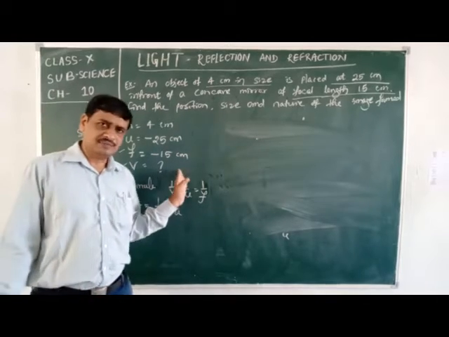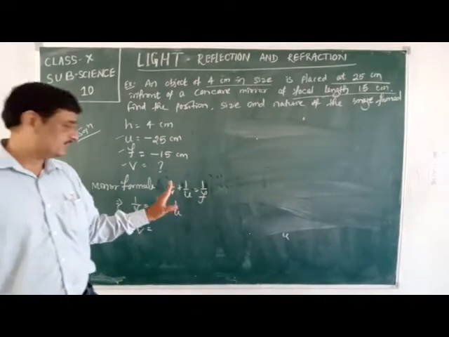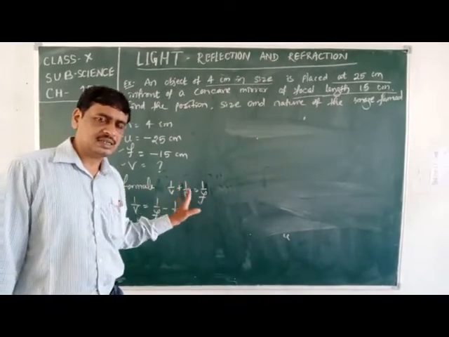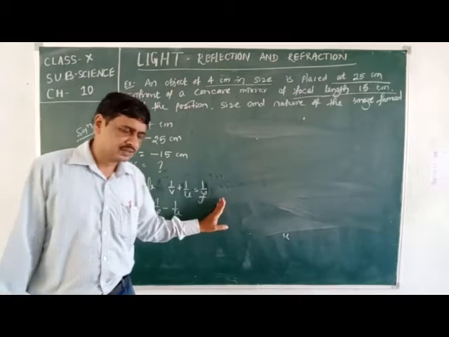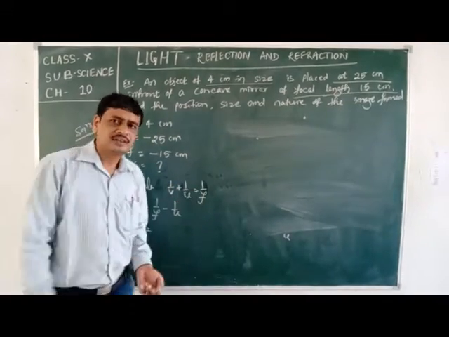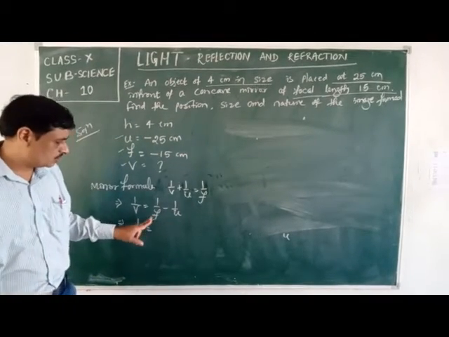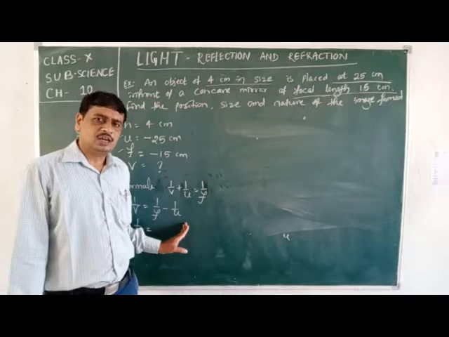So 1 by v plus 1 by u is equal to 1 by f. This one is the relation of image distance, object distance and focal length. To find 1 by v, 1 by u is transferred to the right side. It becomes minus of 1 by u. Now we will put the values of focal length and object distance.